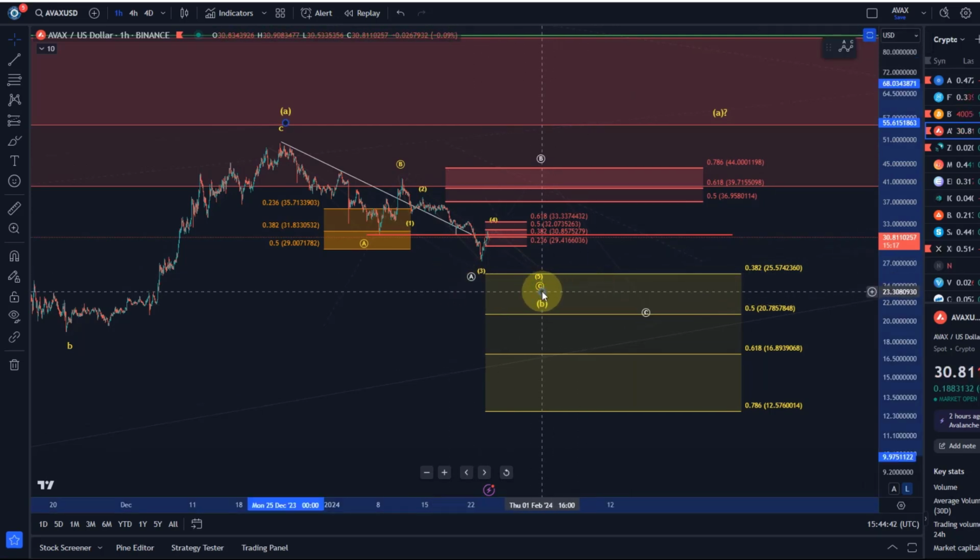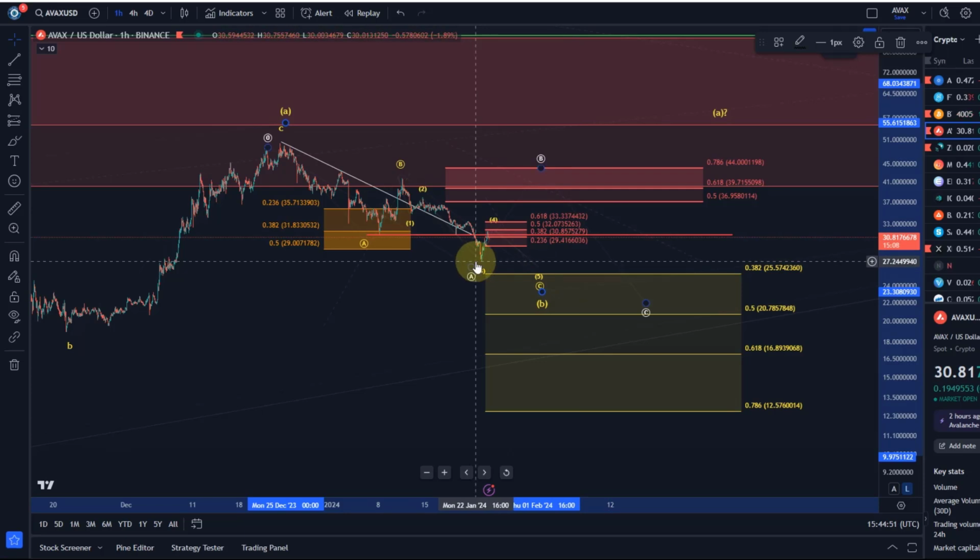But it's far away from confirmation. Only an impulse to the upside could confirm that the larger B wave has bottomed. Until we see an impulse, we cannot confirm that. Also, we haven't even reached that ideal support zone. So we'll keep the door open for lower, either directly or after a more substantial B wave bounce.